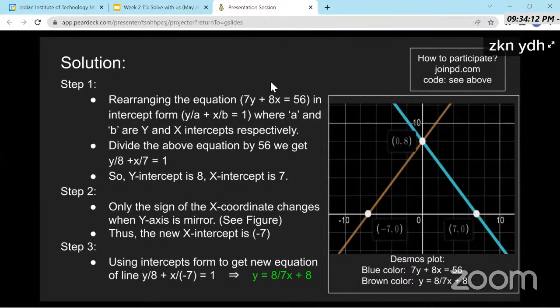Now if I want to plot this line, I will bring it into intercept form, x by a plus y by b equals 1, where a is the x-intercept and b is the y-intercept. Once I do this, you get 7 and 8, right? So you get this blue color line, that is 7y plus 8x equals 56, the blue line you see here.